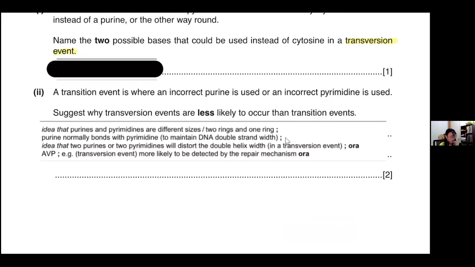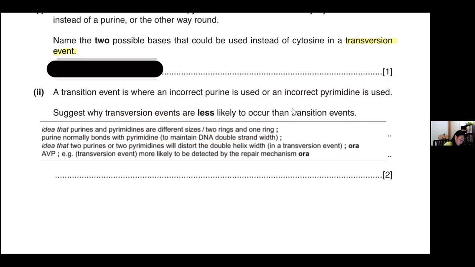As I mentioned earlier, a transversion event is the interchange of purine and pyrimidine, and a transition event is just the interchange of purine or the interchange of pyrimidine. Purine and pyrimidine are different sizes: two rings for the purine and one ring for the pyrimidine.